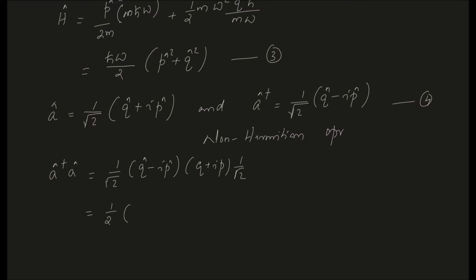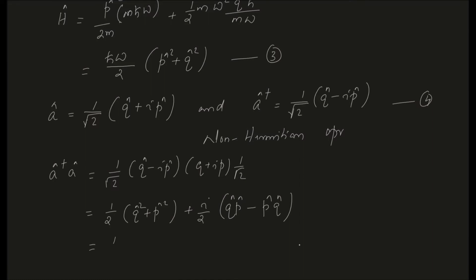If you expand it, what you get is 1 by 2 (q square plus p square) plus i by 2 (qp minus pq).